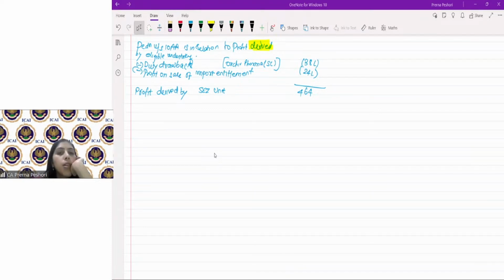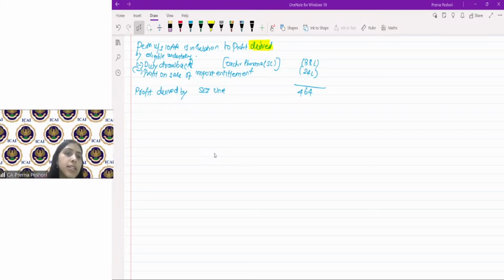What do we need to do now in this case? What is the formula for the deduction, or exemption, under 10AA? Profit derived by the SEZ unit into export turnover upon the total turnover, right?